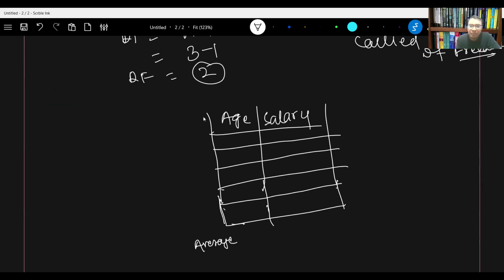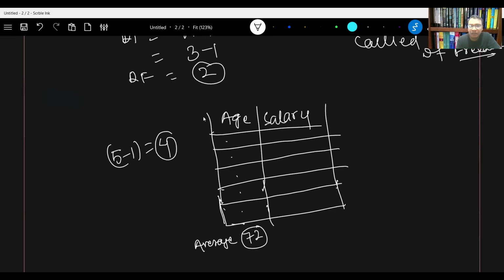So what is the minimum number required to fill the complete age column? If we know the average, what is the minimum? 1, 2, 3, 4, 5. So 5 minus 1 is 4. So a minimum of 4 data values is required to fill the complete age column.